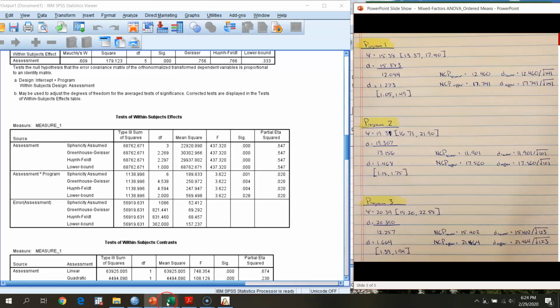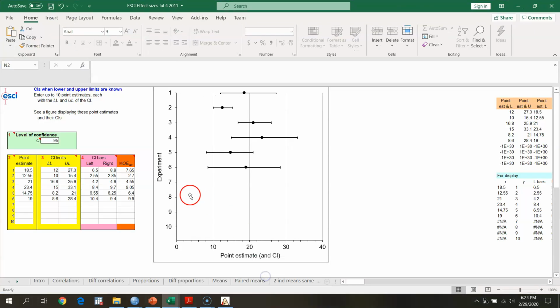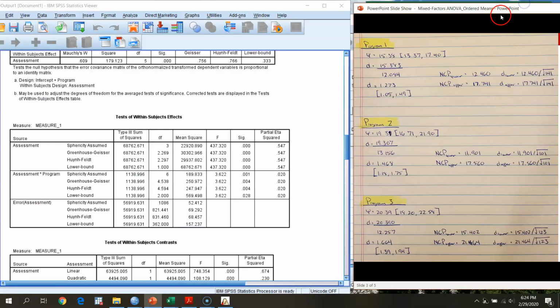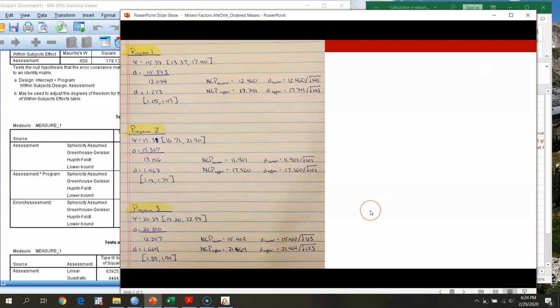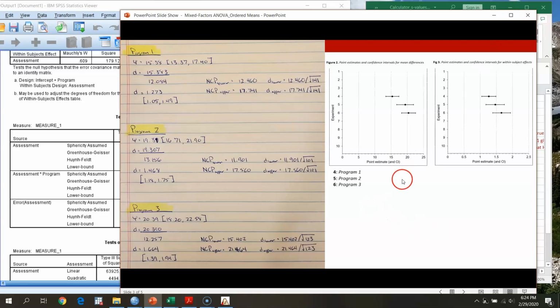One thing that I've started to do that I like quite a bit, you can find this, Geoff Cumming has an ESCI tool, basically a spreadsheet where I can plug in values, upper and lower limits, and it gives me a plot for effect sizes or confidence intervals, whatever I want to do. So if I take these values and plug them into my calculator here, I get something like this. Here, I just kind of put them in the middle.